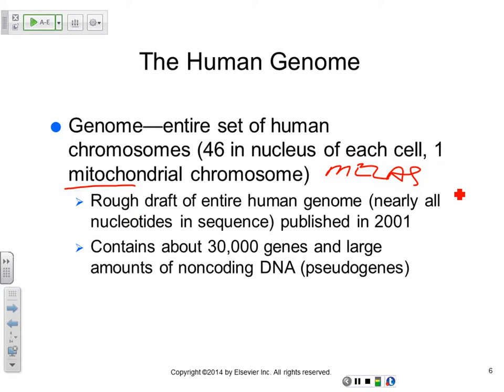The sequence was elucidated in roughly the 2000s with the Human Genome Project, and it's about 20 to 25,000 genes, right? Okay, does anybody know what percent actually codes for proteins? Yeah, less than 2%. Less than 2% actually codes for protein.